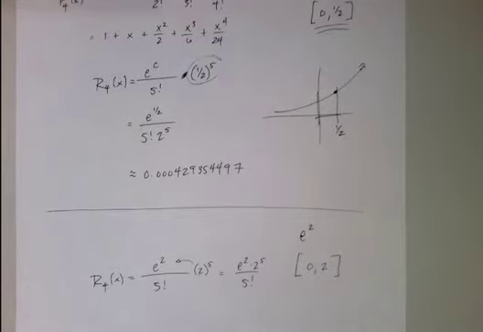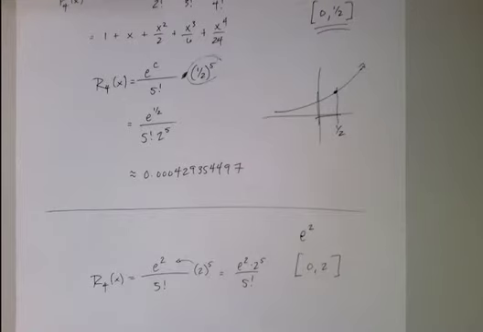Okay, and they can ask the question about error in a very straightforward fashion like this, or they can do it in reverse, and say, how many terms must I have for my Taylor or Maclaurin polynomial in order for the error to be less than 0.001 or something like that. That would be sort of the same idea.